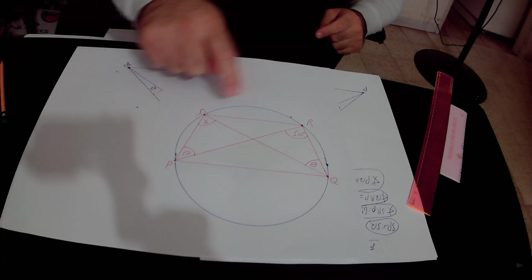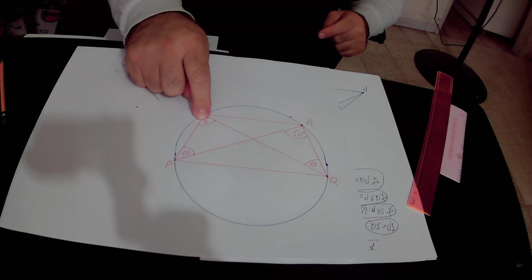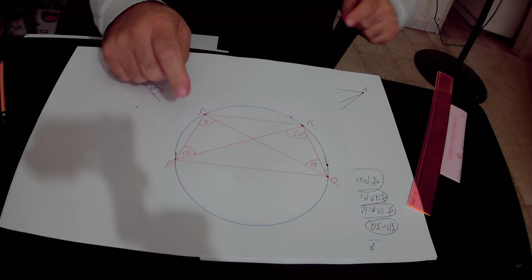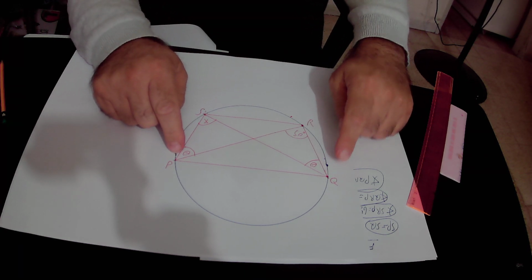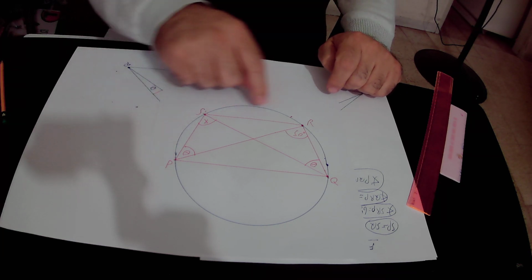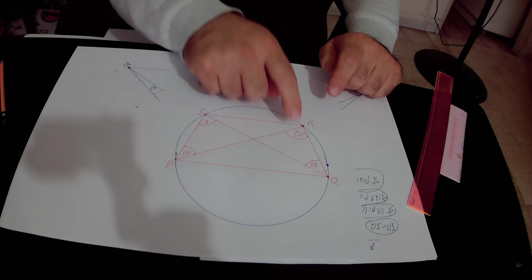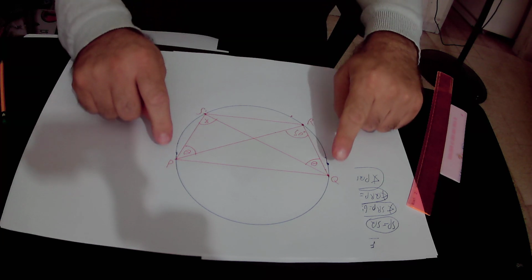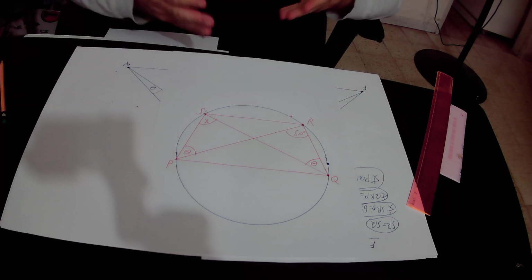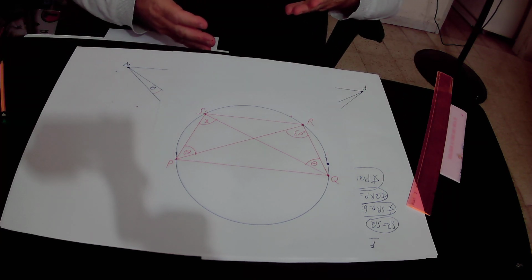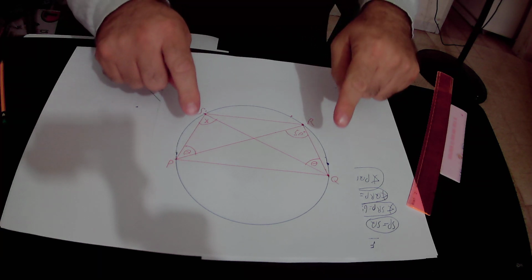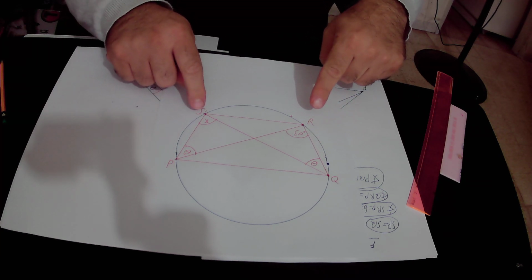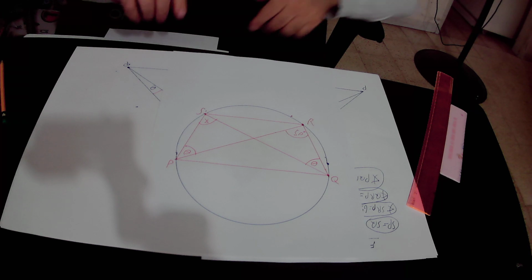Angle PSQ that equals X is a peripheral angle that subtends on chord PQ, and we have also angle PRQ that equals 50 degrees that subtends on the same chord PQ. Therefore, according to rule number 2, those two peripheral angles that subtend on the same chord are equal to each other. That is to say, x equals 50 degrees.